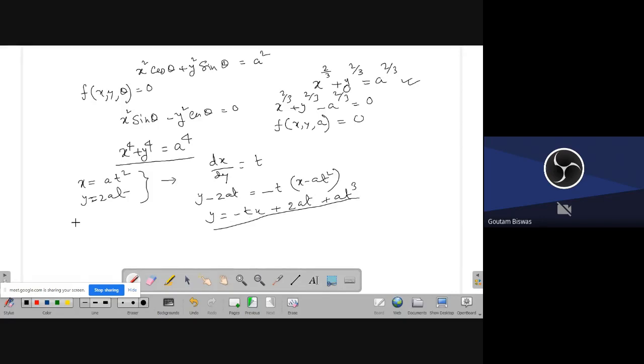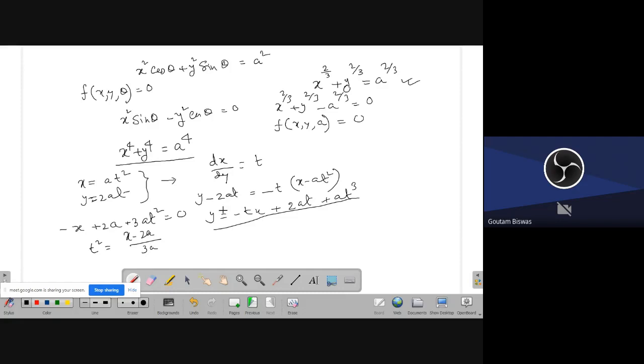What will we get? -x + 2a + 3at^2 = 0. Then here t^2 is equal to (x - 2a)/(3a).